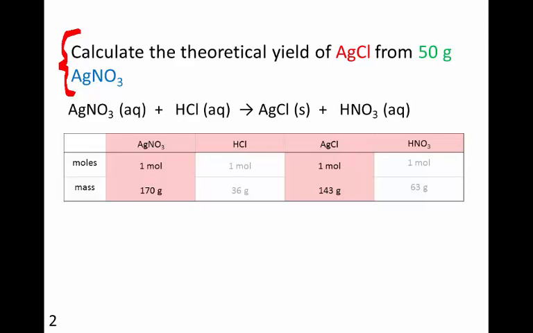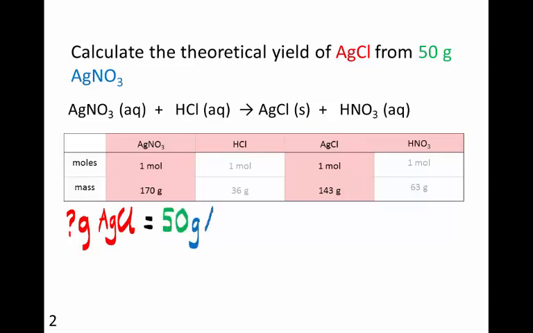Calculate the theoretical yield of silver chloride from 15 grams of silver nitrate. And here we have the reacting ratios. Silver chloride is to silver nitrate. So we write our question down in equation form. What's the theoretical yield? In other words, how many grams of silver chloride will you get from 15 grams of silver nitrate?